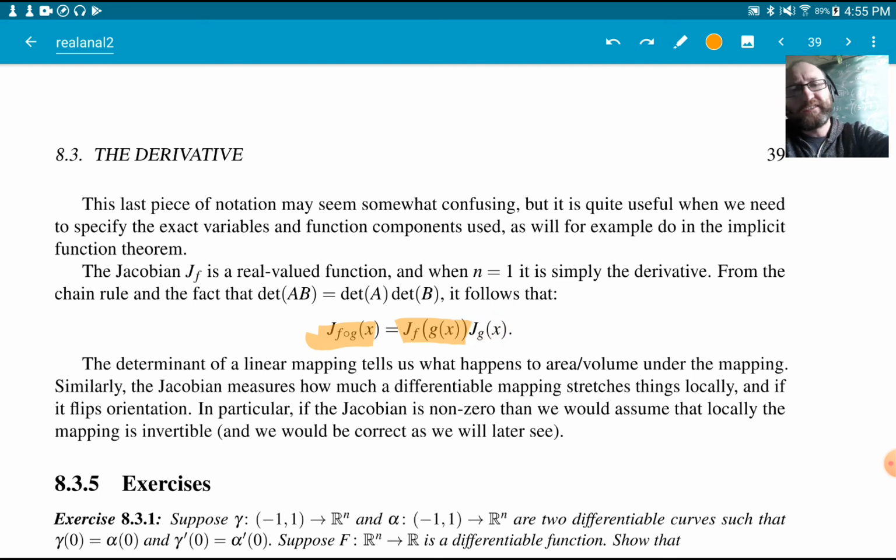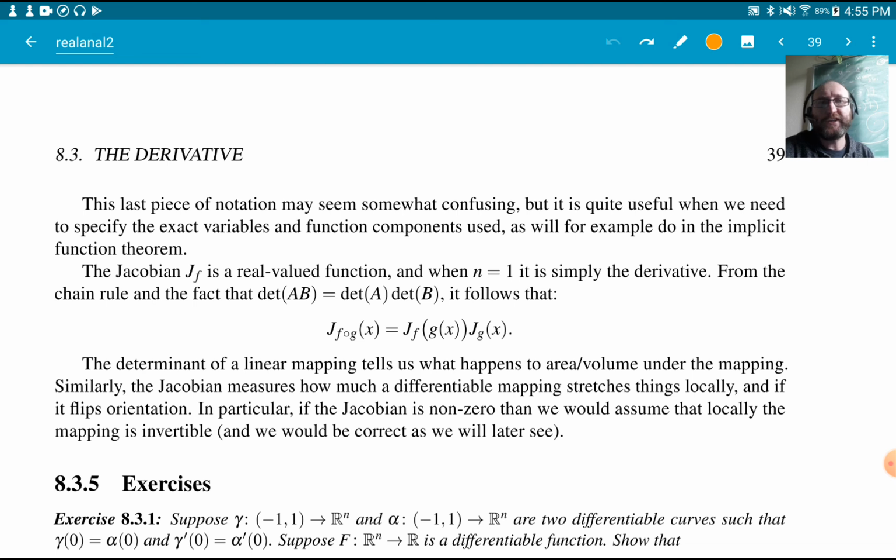Now, as I mentioned a couple of times before, the determinant basically tells you something about what happens to area or volume, or n-dimensional volume or length or whatever, like what does the linear mapping do, right? So if the determinant is 2, and let's say it's R2 to R2, so it's things with areas.